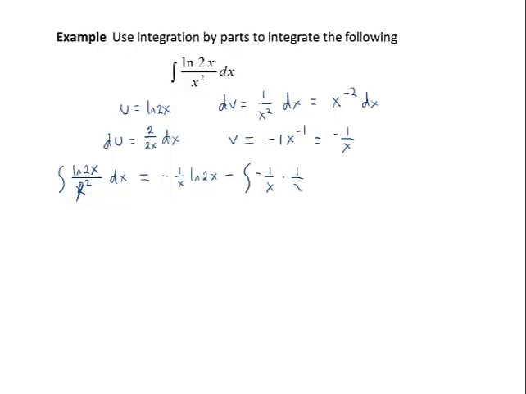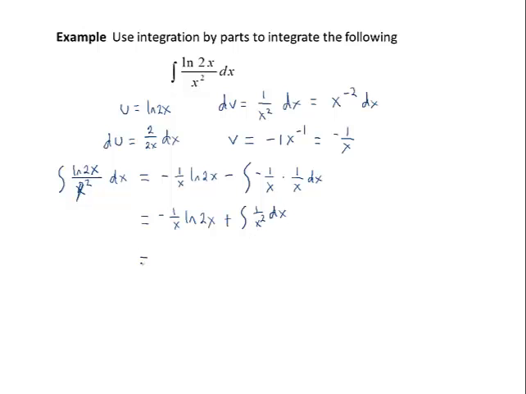Notice that du would simplify to 1 over x dx. Cleaning this up a little bit, we have negative 1 over x times the natural log of 2x, plus the antiderivative of 1 over x squared dx.